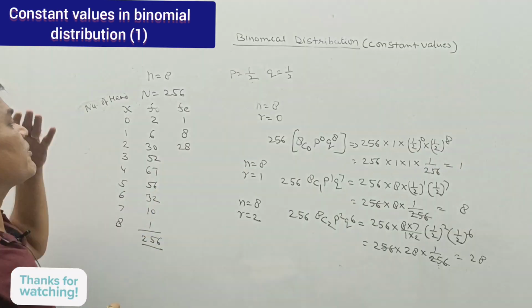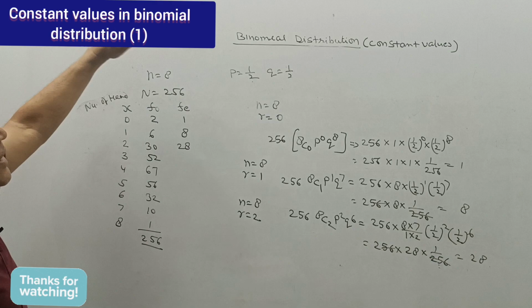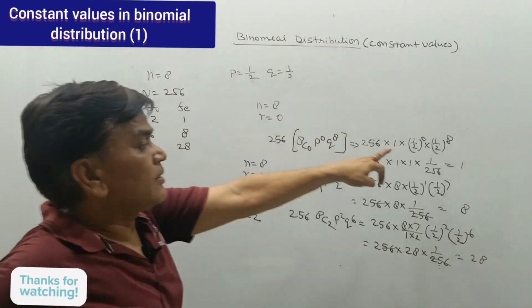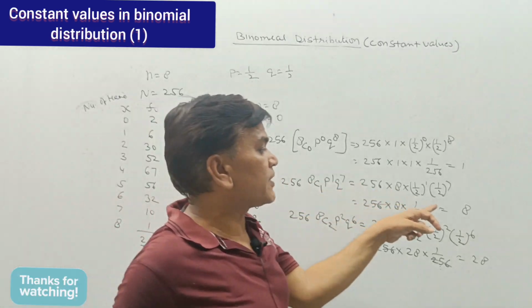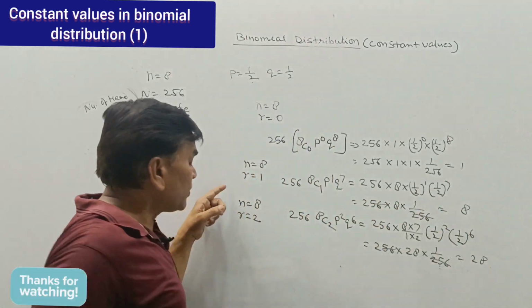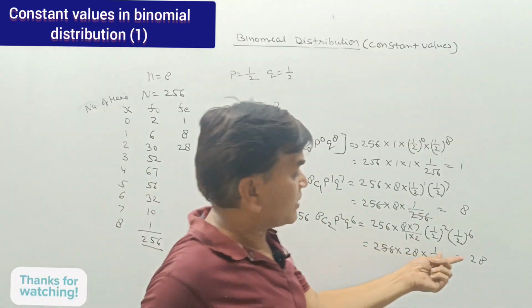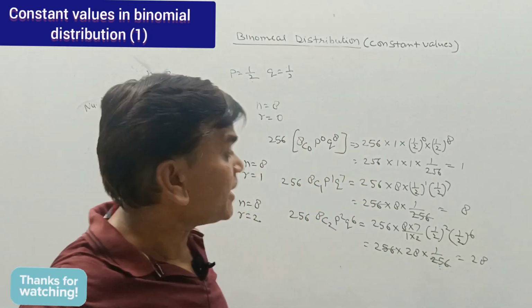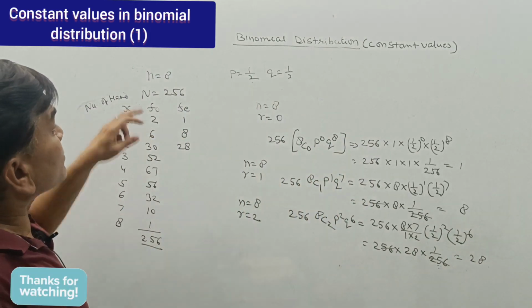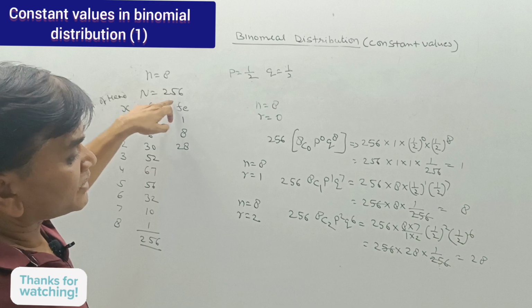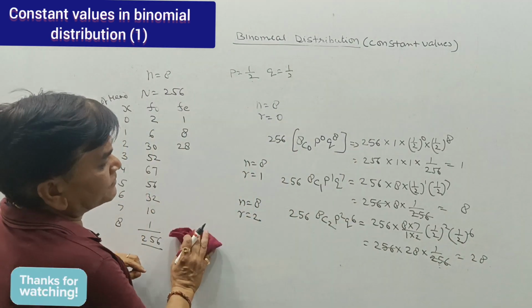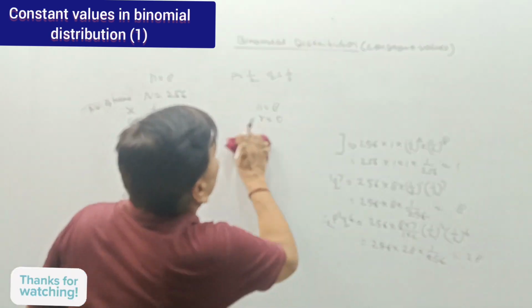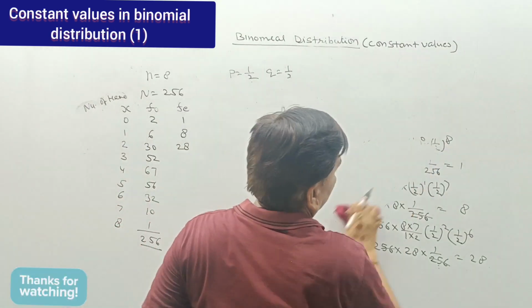So 3 values we have calculated. For getting 0 head, the expected frequency is 1. For getting 1 head, the expected frequency is 8. For getting 2 heads in 8 coins, expected frequency is 28. If 8 coins are tossed 256 times, there is a probability that in 28 times there will be 2 heads. Similarly, we will calculate the next one.